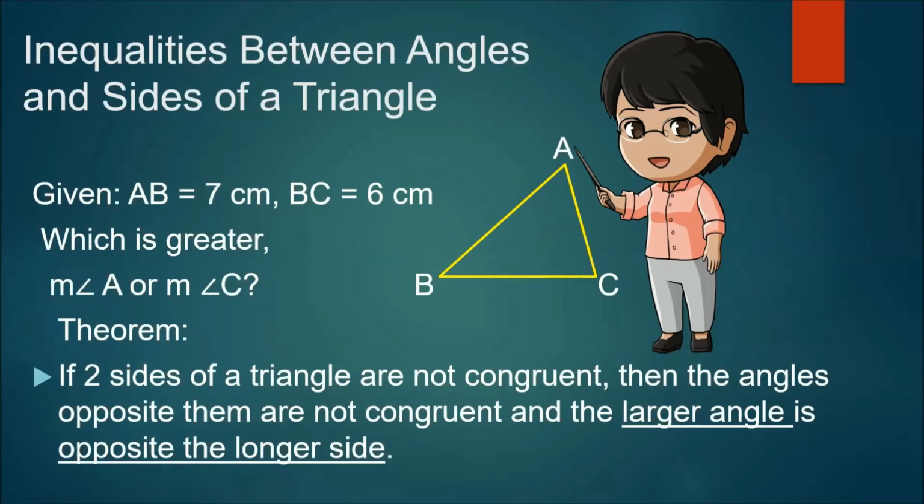There is a theorem which says, if two sides of a triangle are not congruent, then the angles opposite them are not congruent and the larger angle is opposite the longer side. So, which is greater? Since the side AB is greater than the side BC, then angle C is greater than angle A.